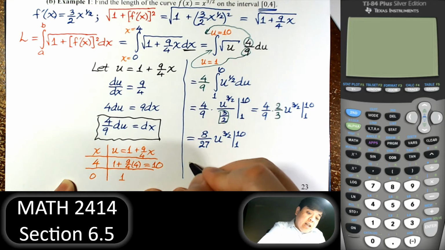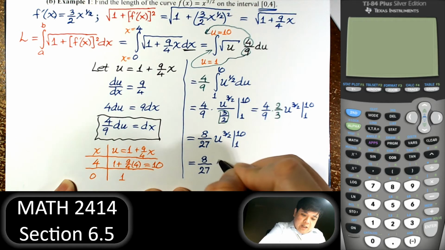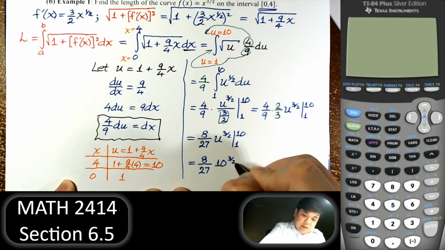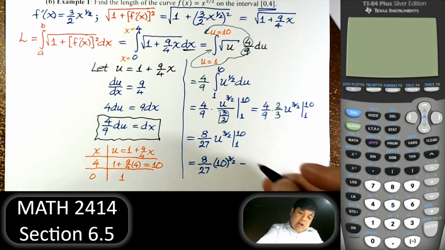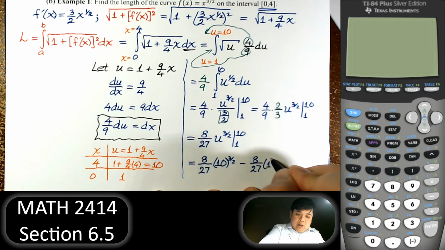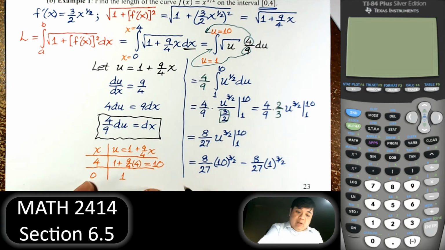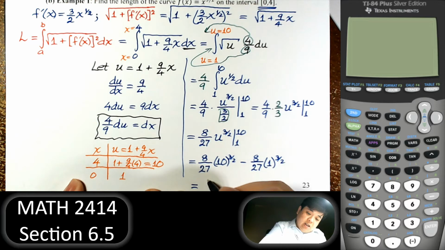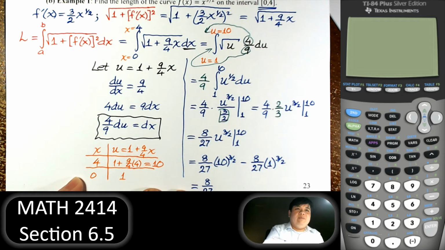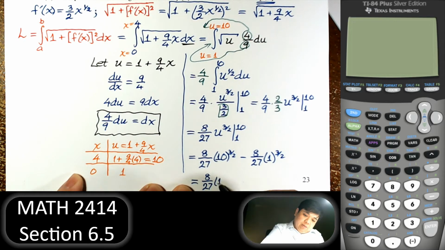Then put in 10 and then put in 1. 8 over 27 times 10 to the 3/2, subtract 8 over 27 times 1 to the 3/2. And 1 to the 3/2 is just 1. And 10 to the 3/2, we just have to leave it like that because we cannot simplify it. Or 10 square root of 10 if you want to, but I will just leave 10 to the 3/2.